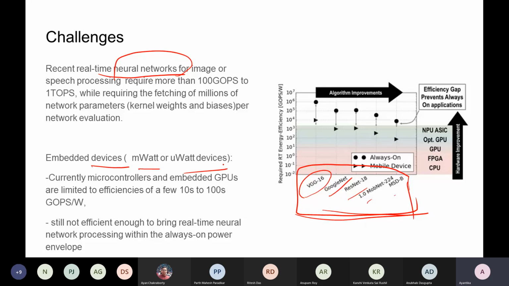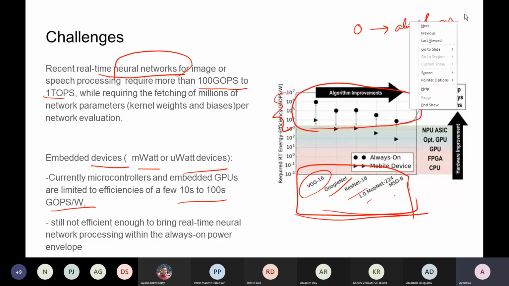So where we need around 100 TOPS or 1 TOPS, what we have is a few tens or hundreds of GOPS per watt. From this graph also you can see there is a huge gap. Especially this gap is for these dots, which are for always-on devices, or always-on applications.